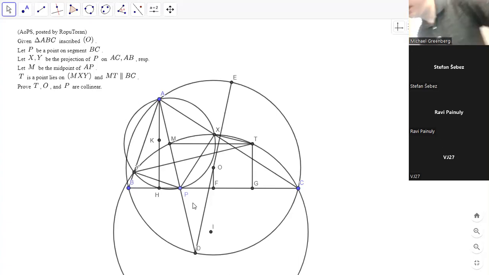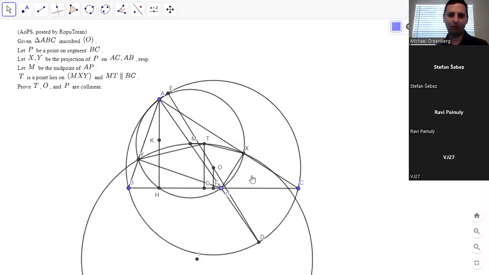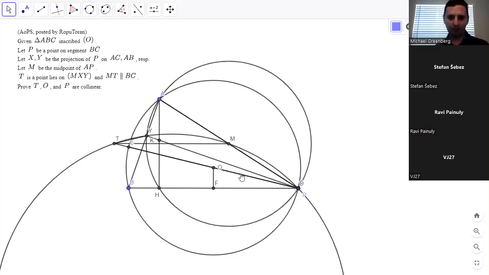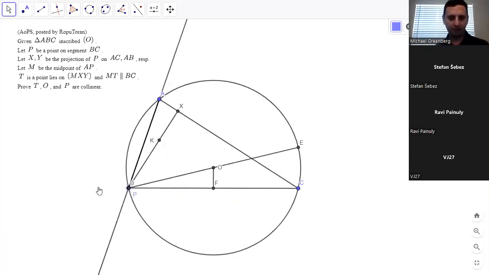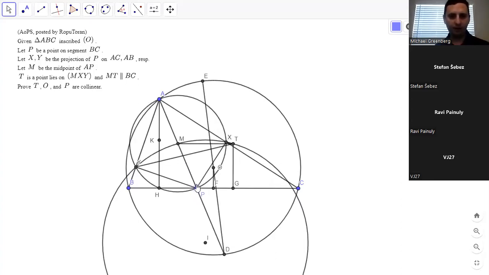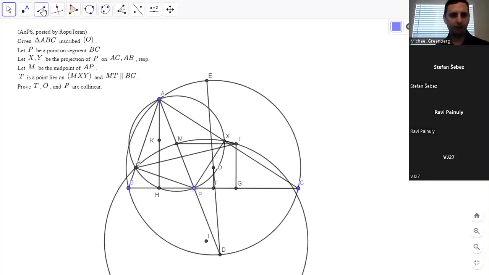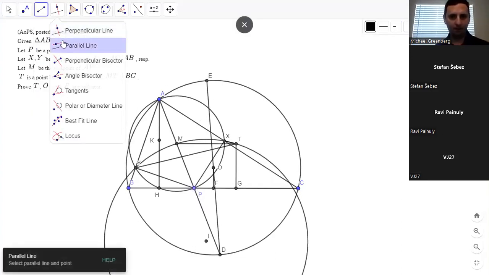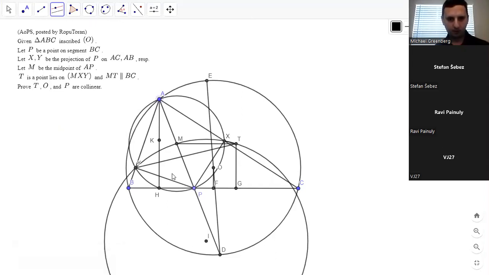All right. The third choice of P, I was thinking about that. So P would be the point at infinity on line BC. If we make point P the point at infinity, then M would be the midpoint of this.